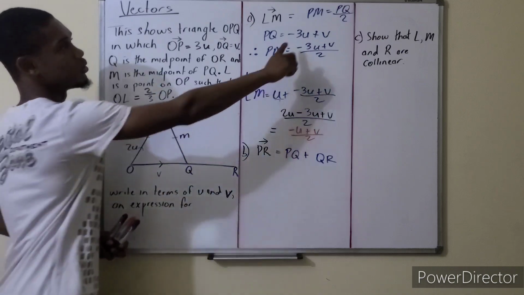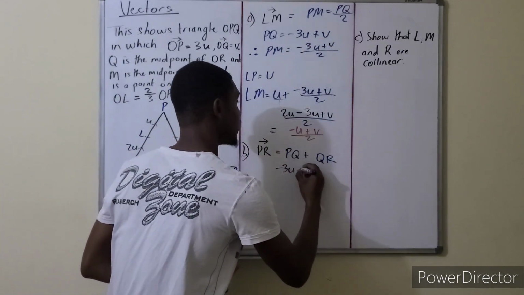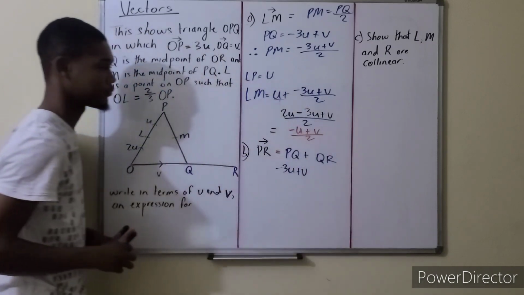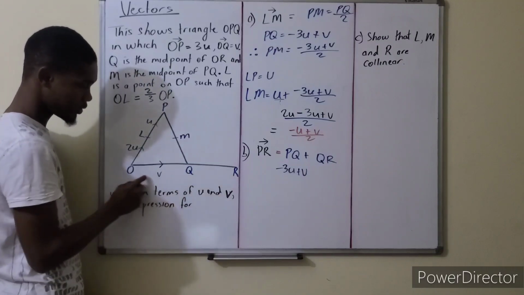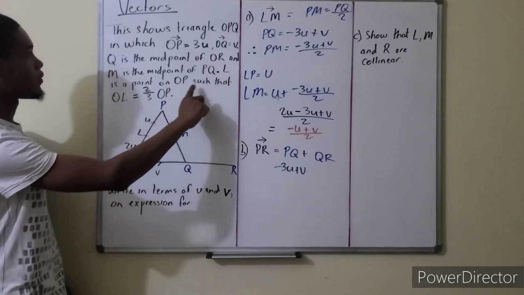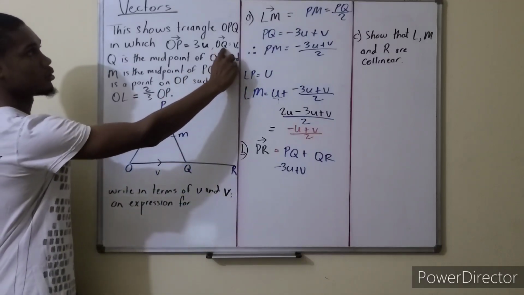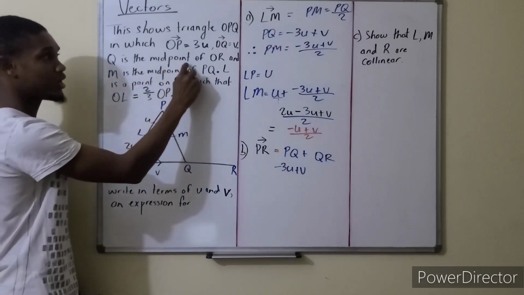Now PQ, we already have it up here, so that's negative 3u plus v. That's what PQ is. And then based on the information provided, OQ is equal to v, and Q is the midpoint of OR.